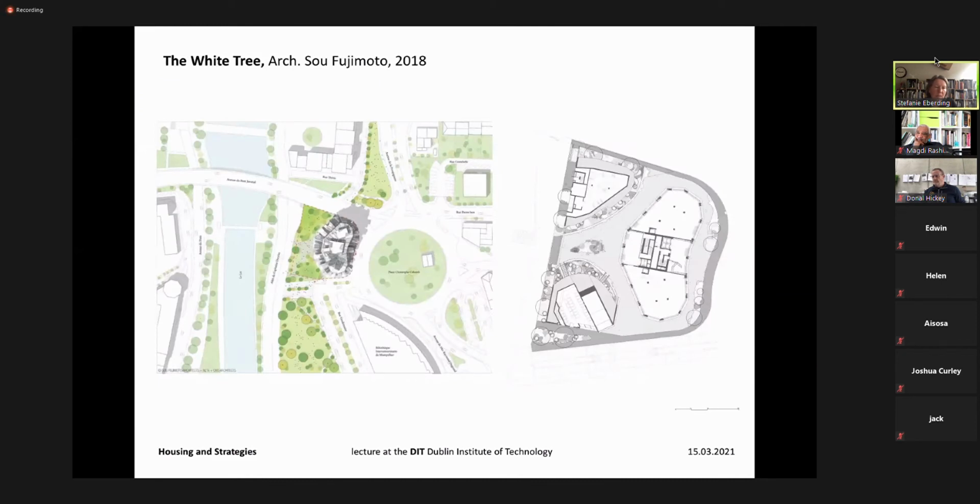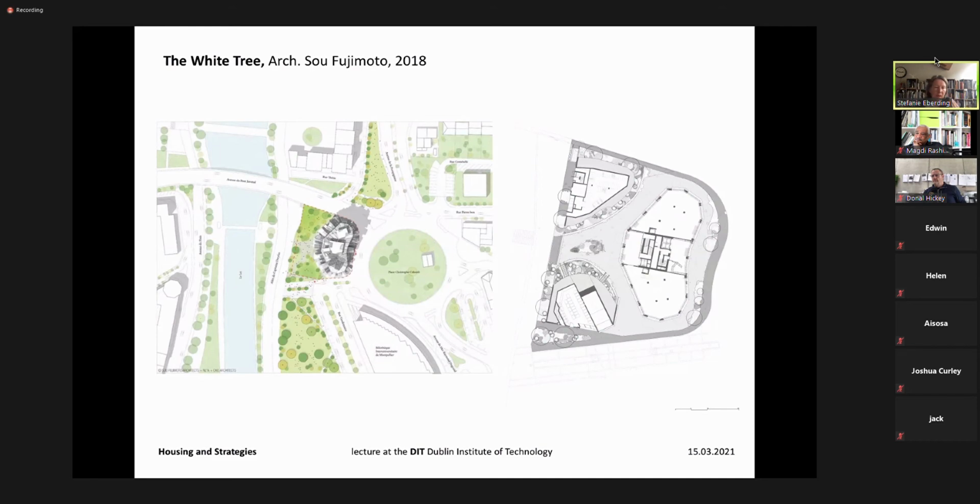You see the site plan with the organic shaped building, and you can see the ground floor, which is in the first levels. There's a restaurant, there's a gallery, so there are all kinds of shops in the first level of this building, and on the upper floors you have the residential living units.